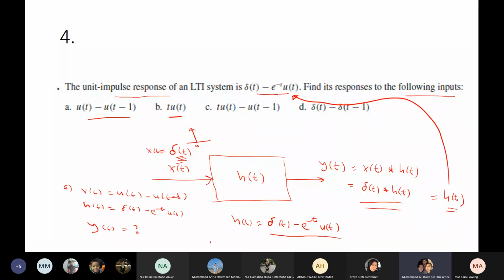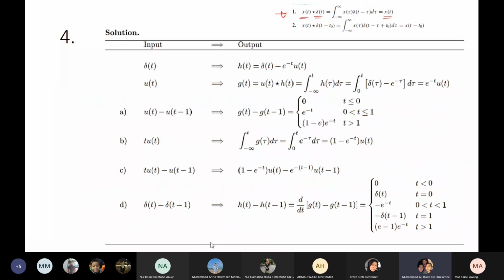Therefore, what I explained just now, basically, if the input is delta t and the output you give is this, then this is the output h of t.